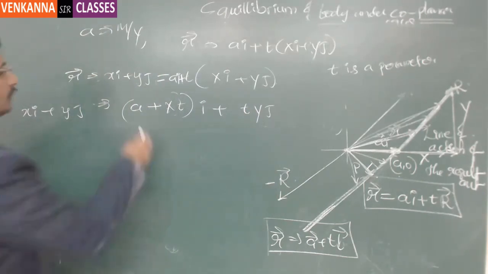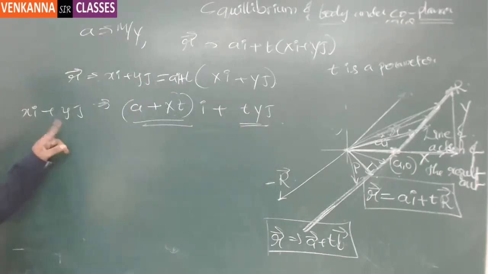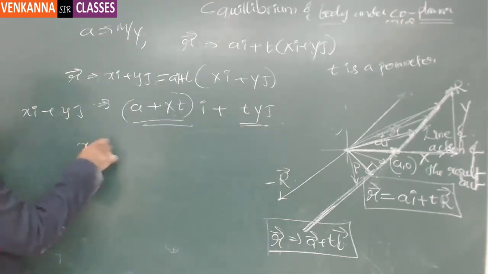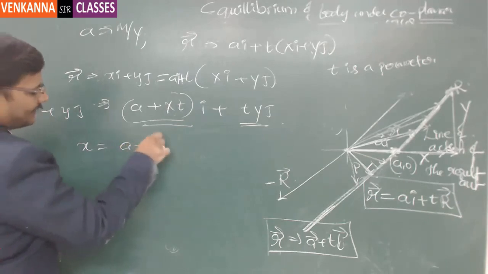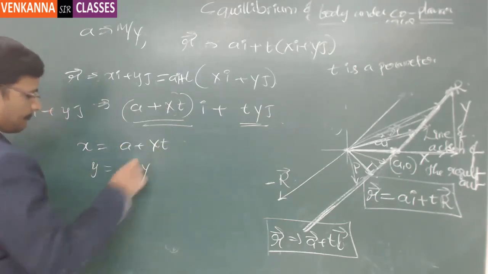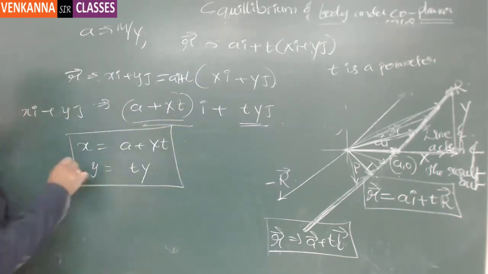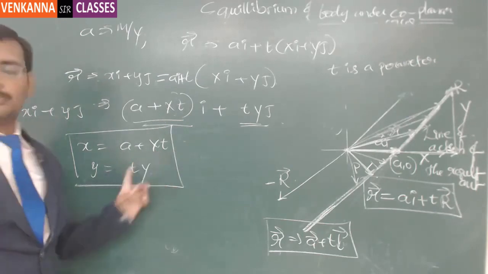So this is the horizontal component and this is the vertical component of the position vector xi plus yj. That means x is equal to a plus tX and y is equal to tY. So this is the position on the straight line at any random location for a specified parameter t.